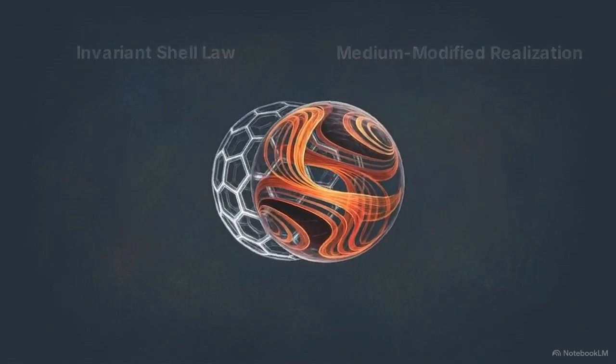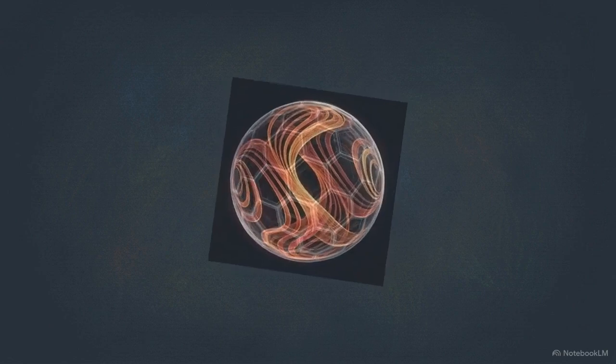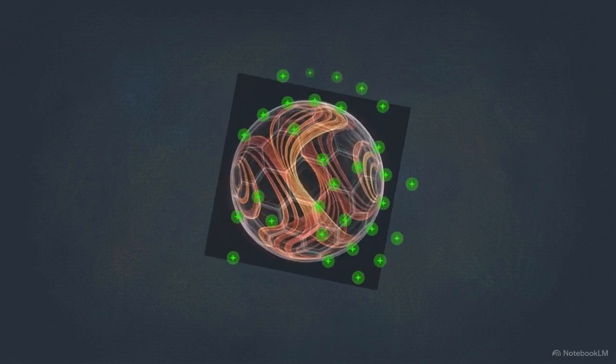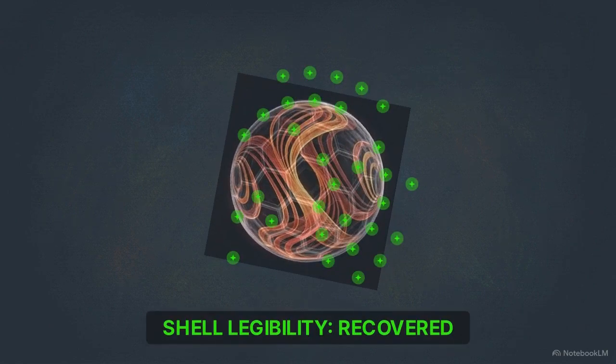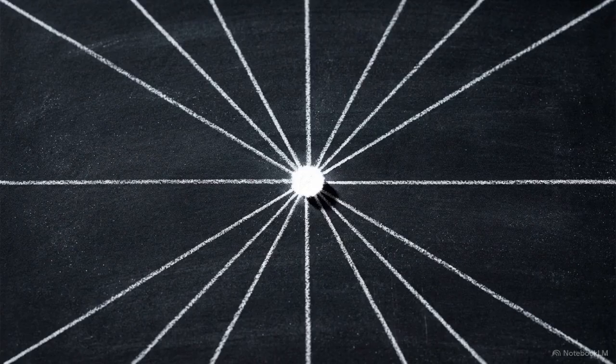Shell legibility measures the degree to which the underlying invariant mathematical law remains visible or recoverable within the physical structure we observe. Pairing shell legibility with the closure Reynolds number turns this theoretical architecture into a strictly falsifiable, testable research program.